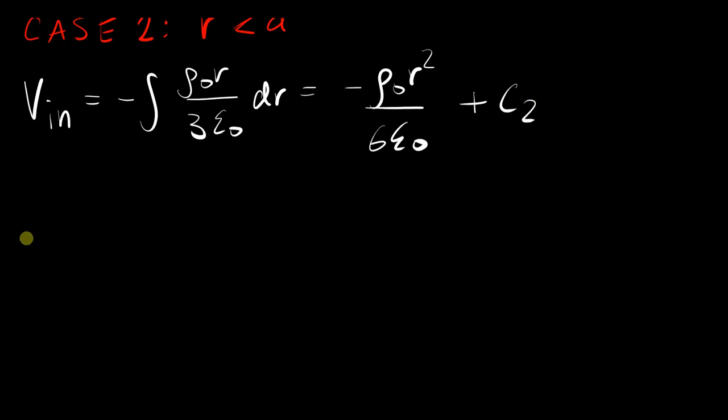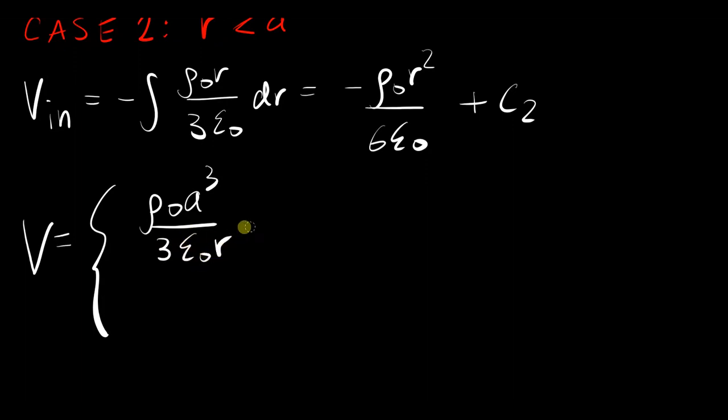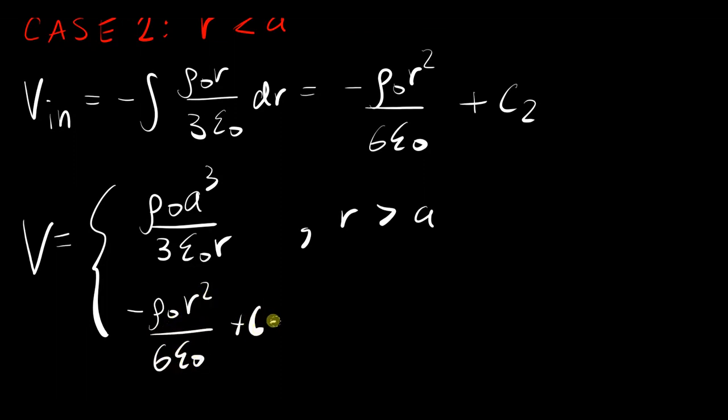So to do that, I usually find that it helps, and the textbook does this too, to piecewise define potential like this. It's equal to rho naught a cubed over 3 epsilon naught r when we are outside the sphere, and it's equal instead to negative rho naught r squared over 6 epsilon naught plus our mystery C2 when we are inside the sphere.